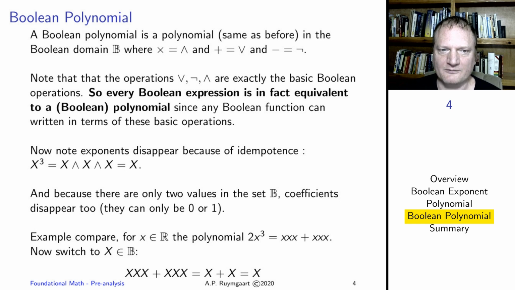We still have x times x times x plus x times x times x, but because of idempotence, the third power disappears and we get x plus x, and because of idempotence of addition that just equals x. So the term equivalent to 2x cubed on real numbers, although it's not exactly the same, is just x.